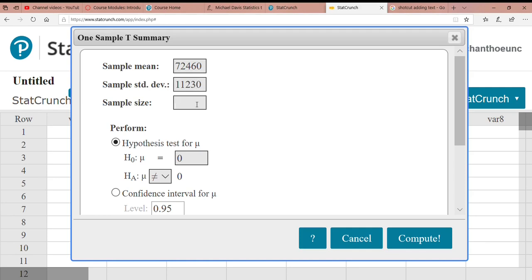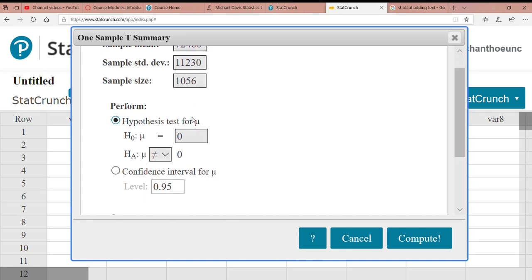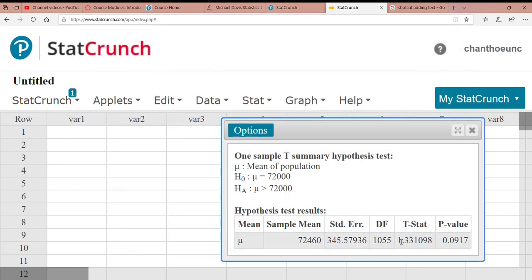Sample size, 1,056. And on homework and StatCrunch, they always use the equal symbol for the null hypothesis. We're going to replace this value with 72,000 and change the alternative hypothesis to greater than. Press compute. And our t-stat is exactly the same, 1.331, and our p-value is 0.0917, which is close enough to our answer.